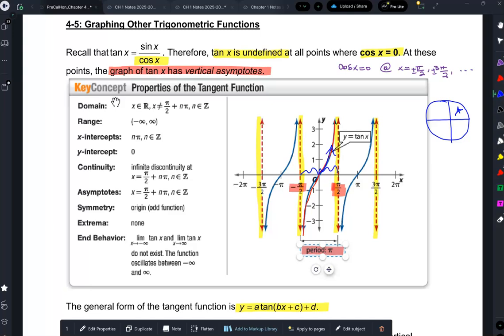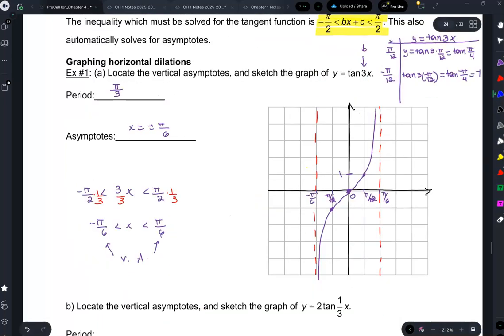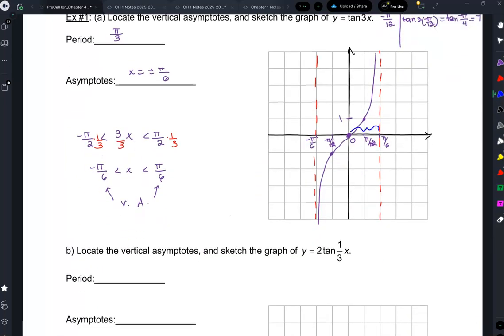Oh, I got 2, 3, and 4. Which one is it? 0 to negative pi over 2. Which quadrant is it? Fourth, right here. That's in this quadrant. Is tangent positive or negative there? Negative. That's why this is negative here. And so when I come here, this is going to correspond to the first quadrant. So it's positive. This is going to correspond to the fourth quadrant. So it's negative. Okay? All right.